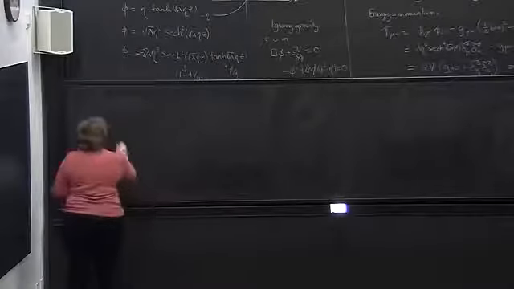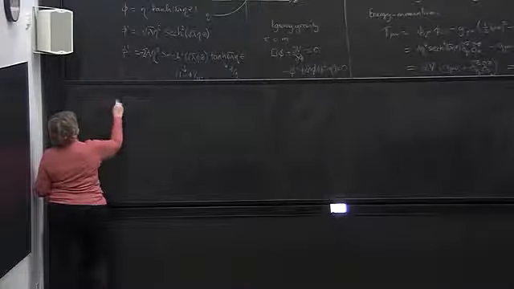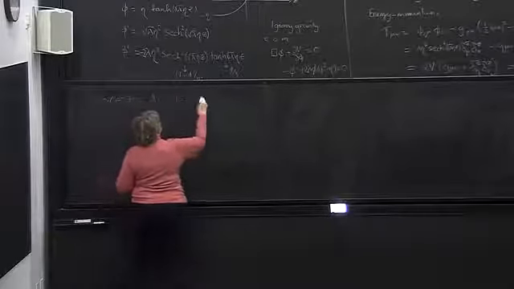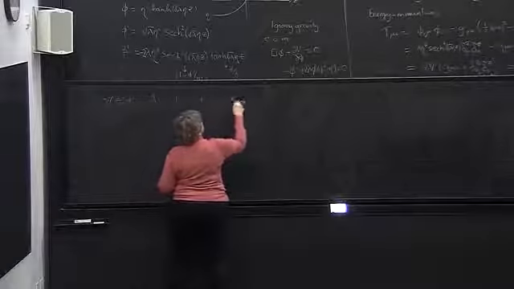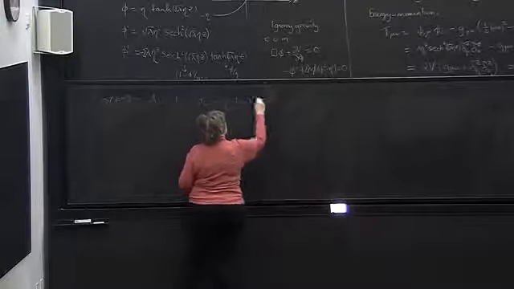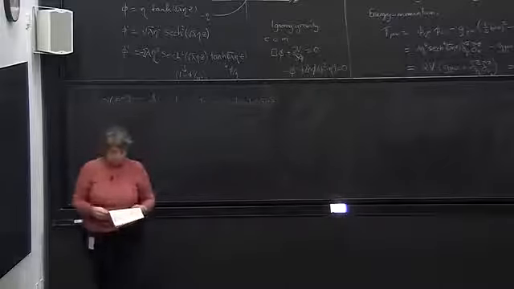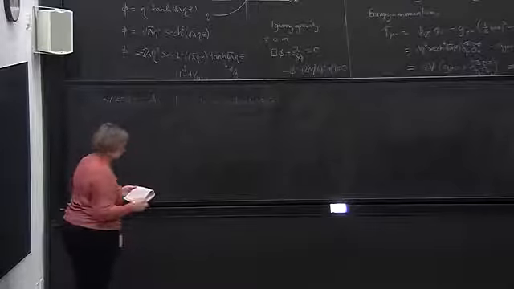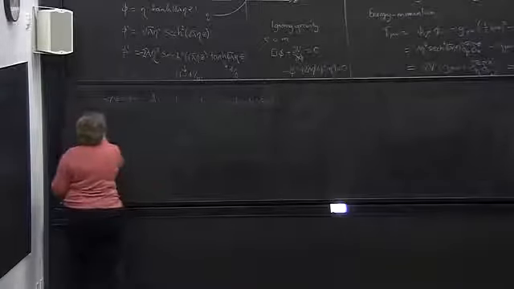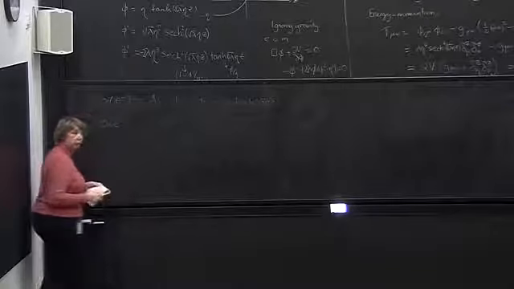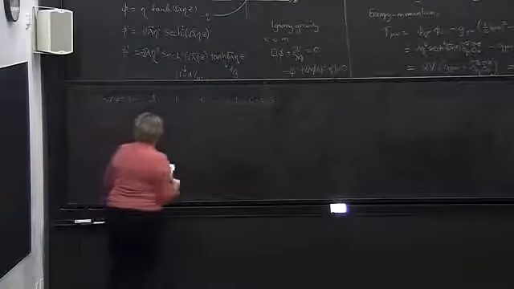Okay, so to order epsilon to the naught, A naught is 1, and phi naught is just eta tanh(root lambda eta z). So now we use the energy momentum that we've calculated to find the solution for A, so the back reaction.